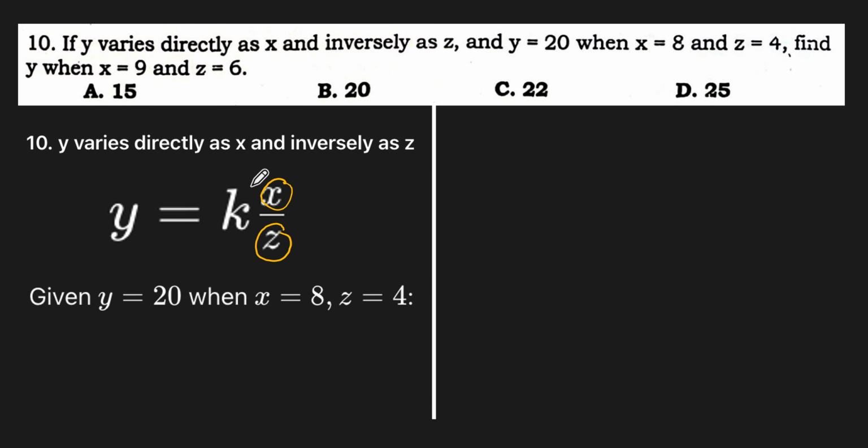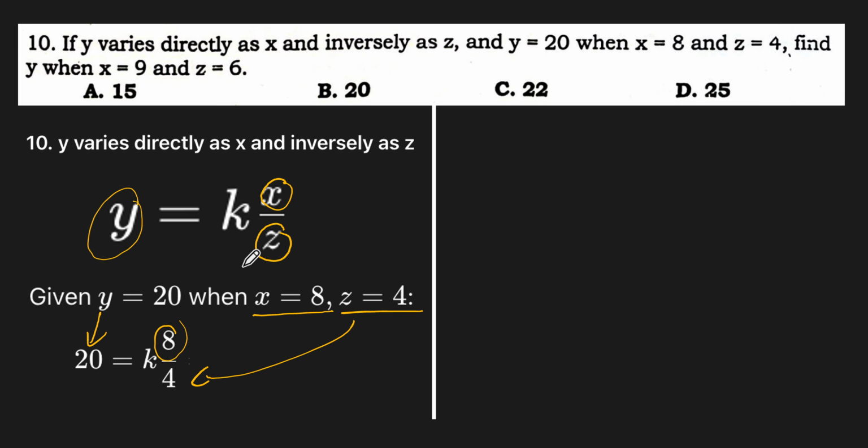And then plugging the value of y, x, and z will give us 20, which is the y, and then k, the thing that we need to look for, x would be 8, and then 4 would be z. So as we simplify 8 divided by 4, we have 2k. Dividing both sides by 2 will give us k equals 10.